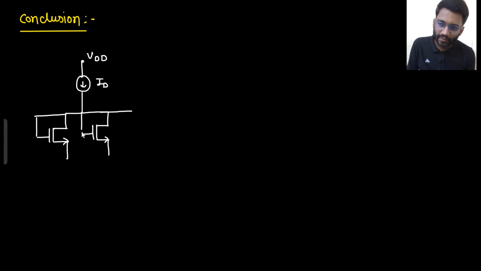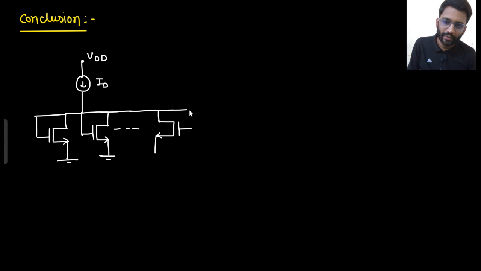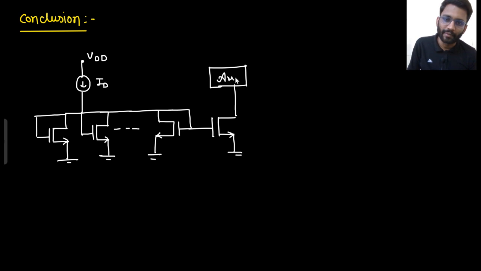Two, this is also diode connected. There will be more like that. Then there will be this final one. The voltage from this will be fed to the final transistor here, and above that you will be having some circuitry, some amp.